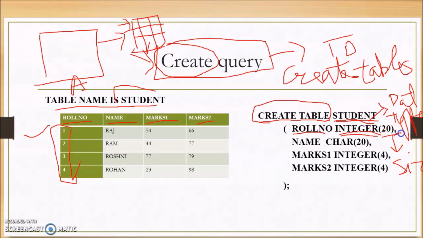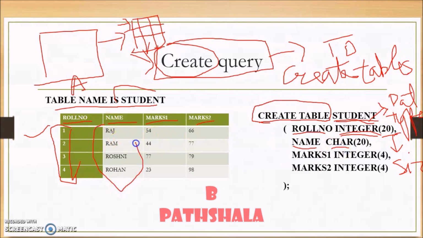Now after this, comma, next is name, the next column name, then again data type, it's char. If you can see, these are all alphabets, so this is data type char. Then the data size, 20, it's not fixed. It's the maximum, you can give any size.